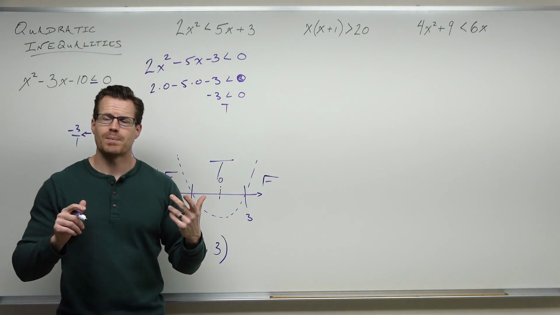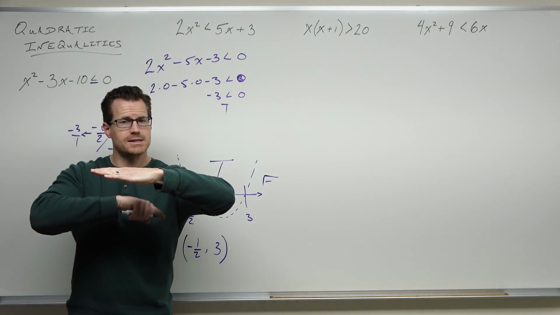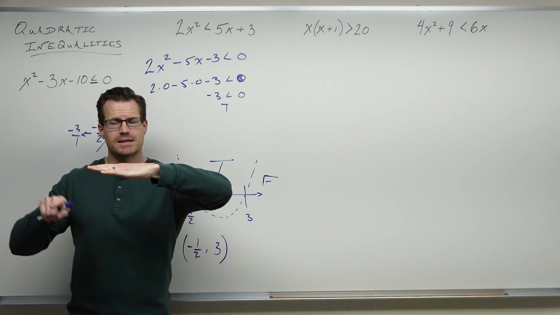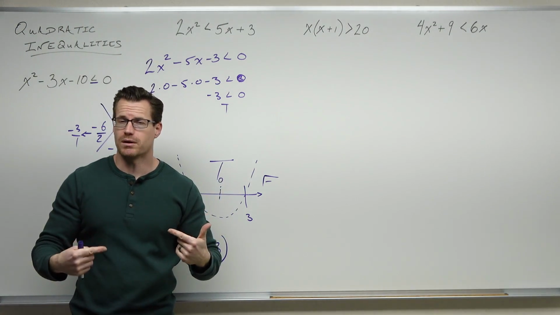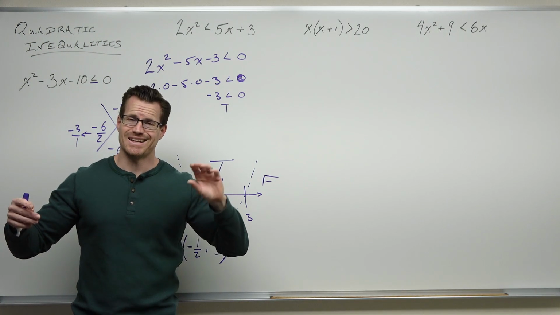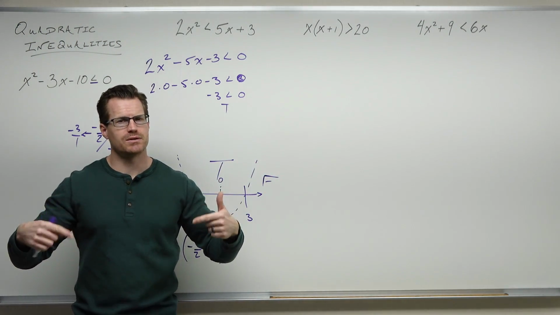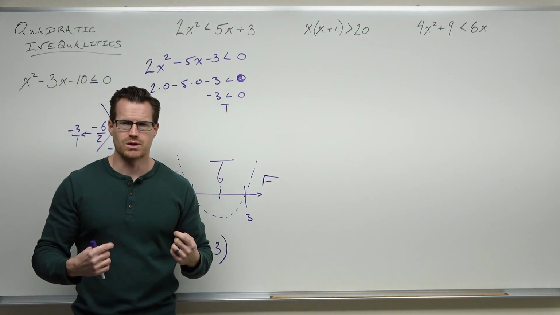So asking where a downward opening parabola is above the x-axis is the same thing as asking where an upward opening parabola is below, and your inequality would bear that out. So if you follow the technique, get everything on one side in order, first term positive, and 0 on one side, we'll still get the correct interval. It gives us a slightly different picture, but it doesn't matter if we're just looking at the interval.